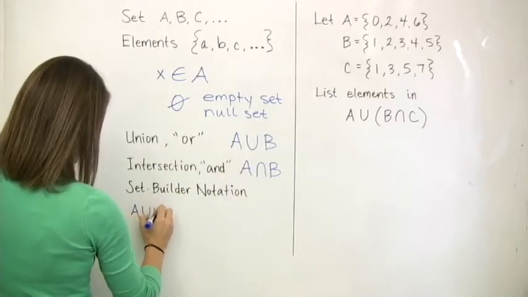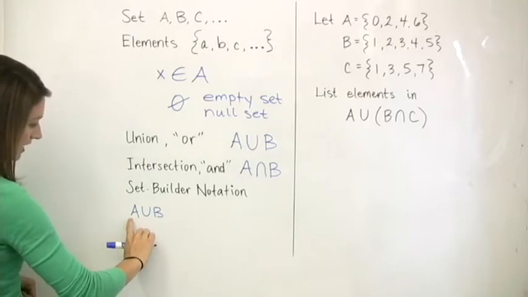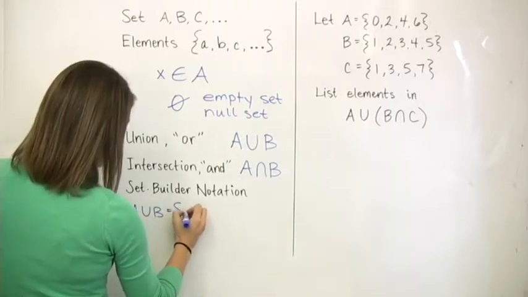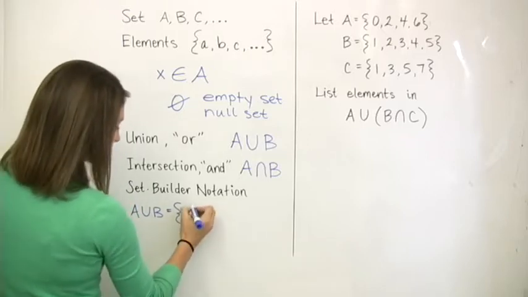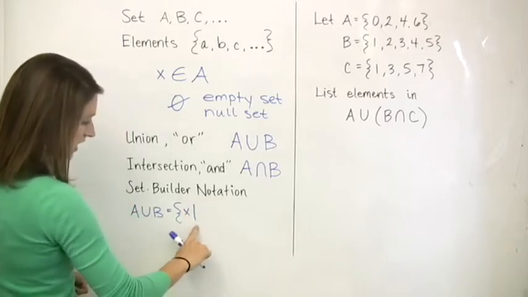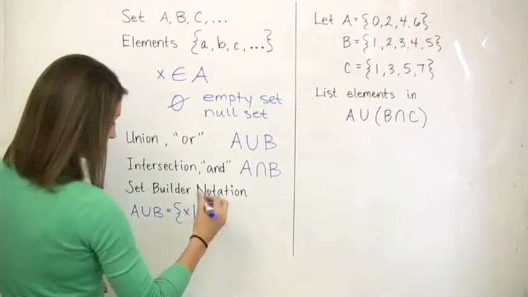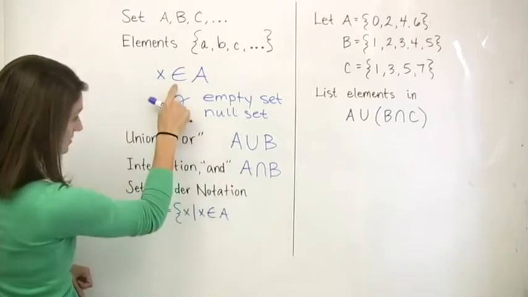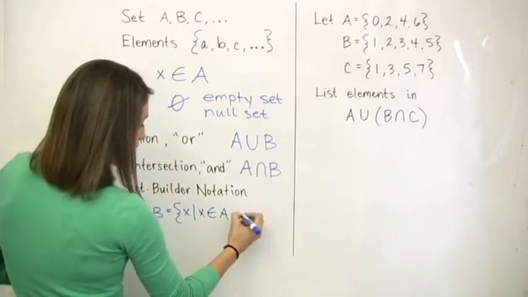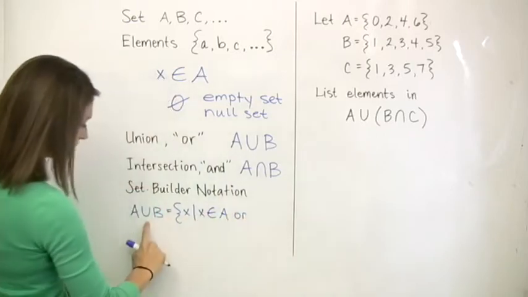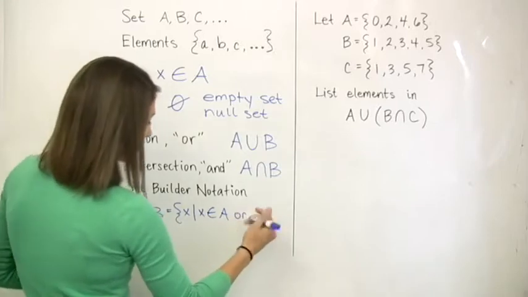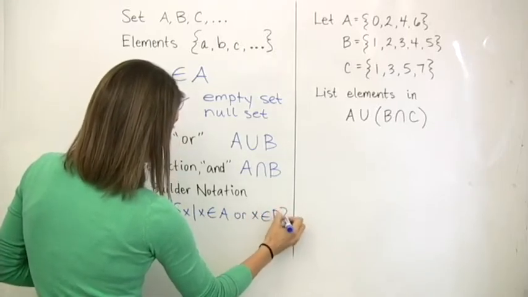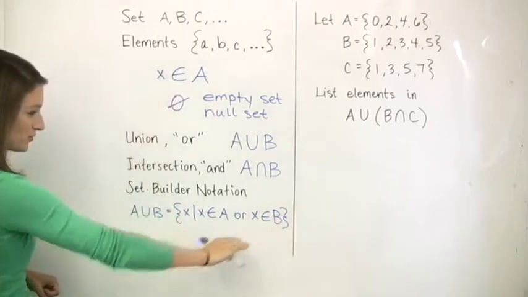So we'll write that like this, and we can write the union of set A and B is equal to all of the values for x such that, this vertical line here represents such that, x is an element of A, here's this notation here, or, because we're dealing with a union, we're going to use the word or, x is an element of set B. So there's your set builder notation.